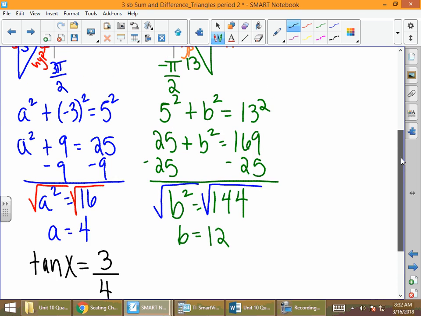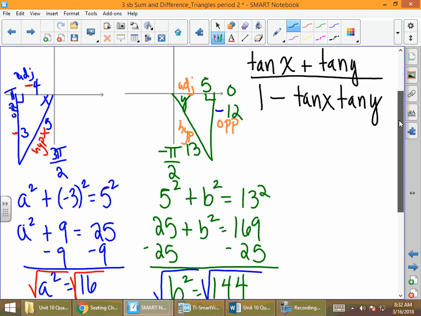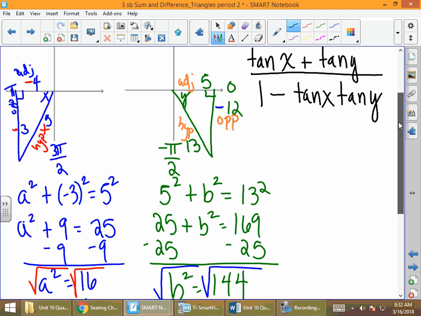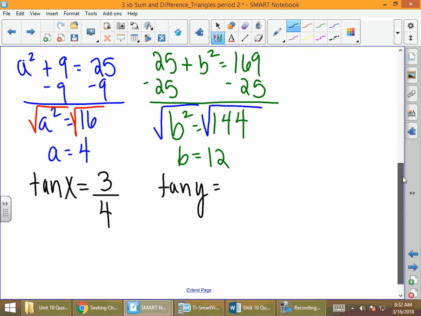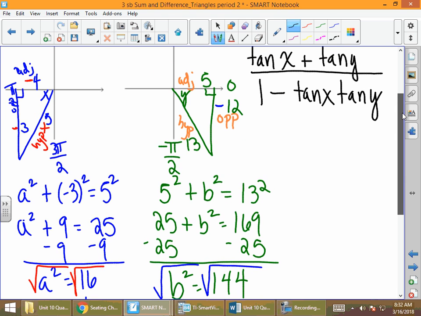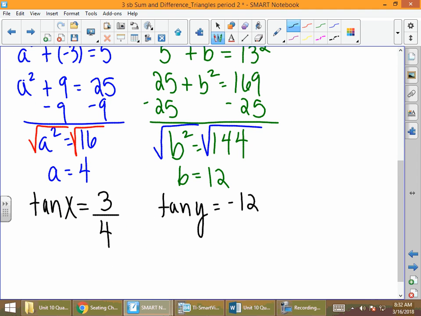Same thing over here for our green triangle. We need to know what the tangent of y is. And the tangent is still the opposite divided by the adjacent. So tangent of y is negative 12 divided by 5. No radicals even in this problem.